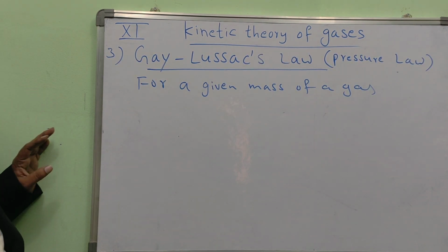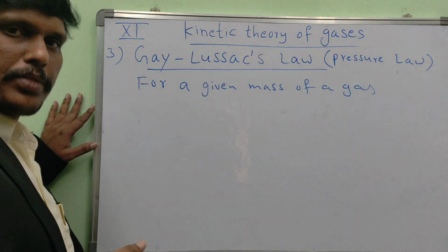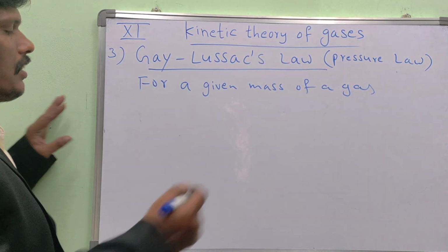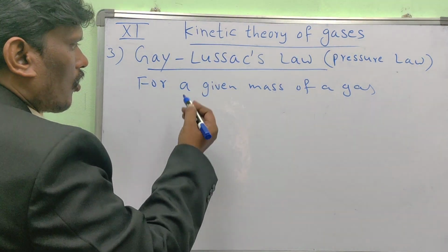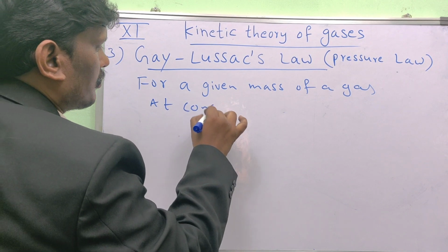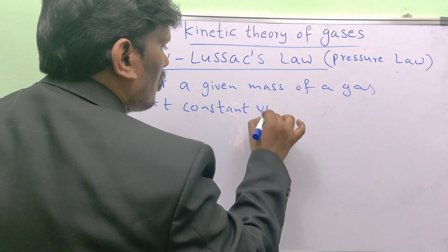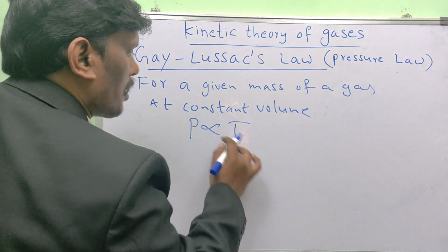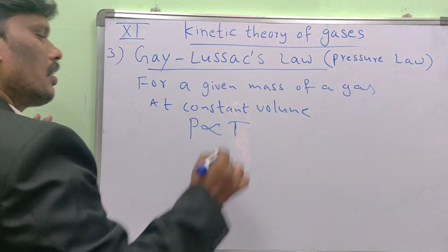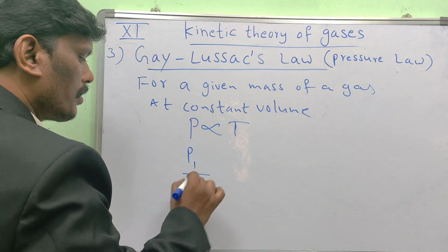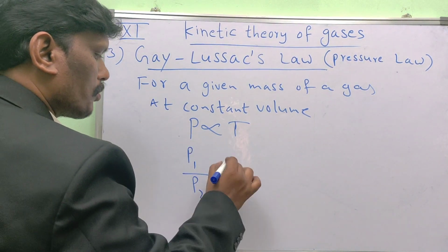Third law, Gay-Lussac's law, also known as the pressure law. In this law, for a given mass of a gas at constant volume, pressure is directly proportional to absolute temperature, measured in kelvins. So what is the formula? P1 upon P2 is equal to T1 upon T2, since both are directly proportional.